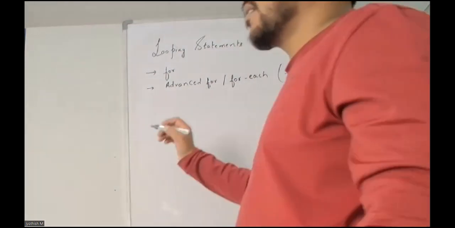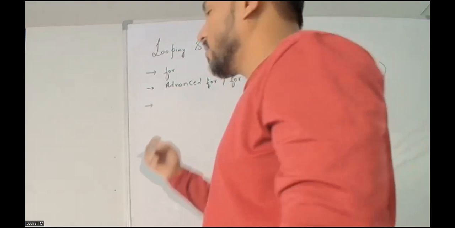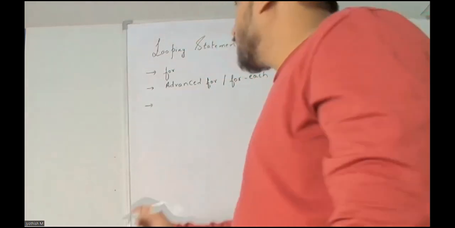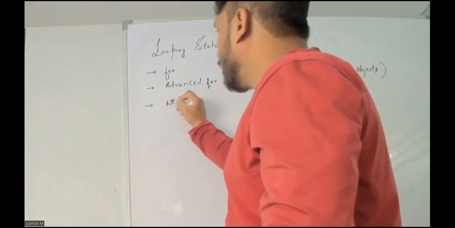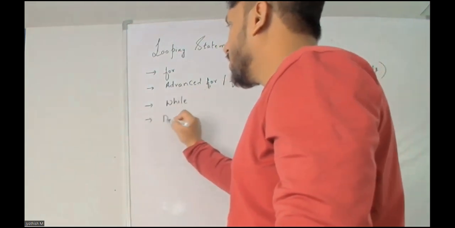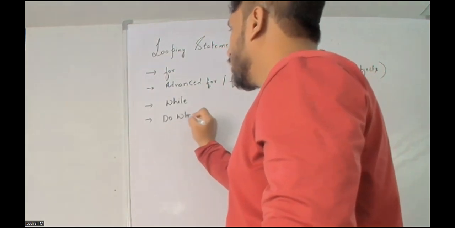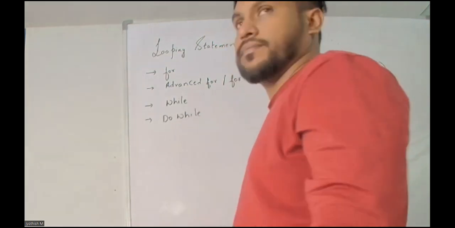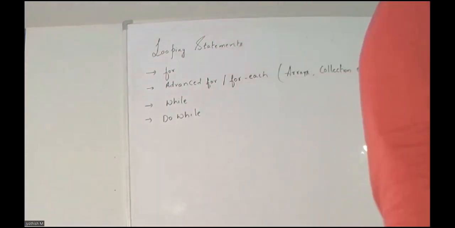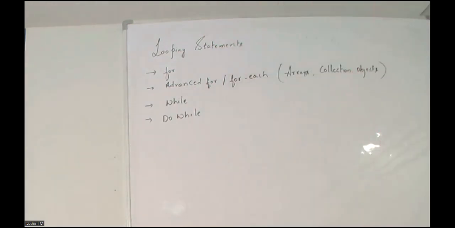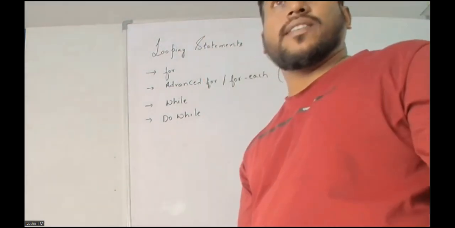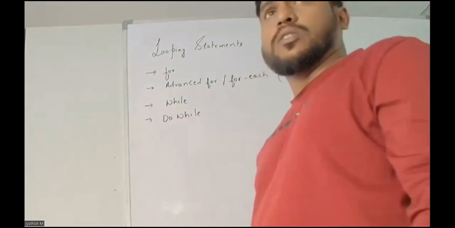Next, the third one is the while loop, and the fourth one is do while. There are 4 looping statements in Java: for loop, advanced for, while loop, and do while.